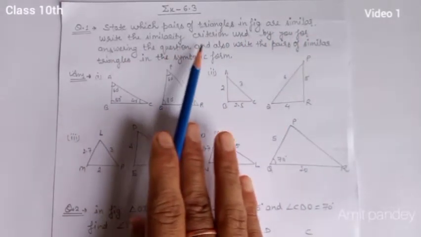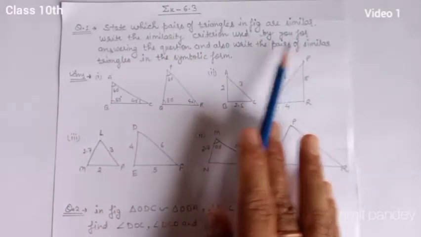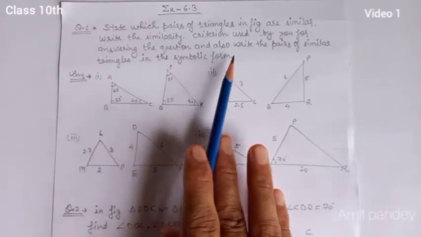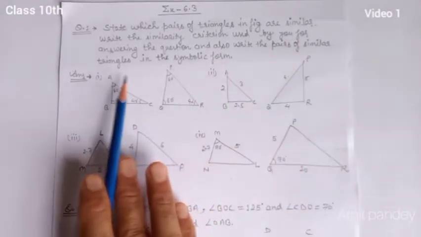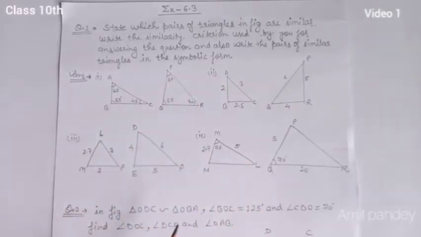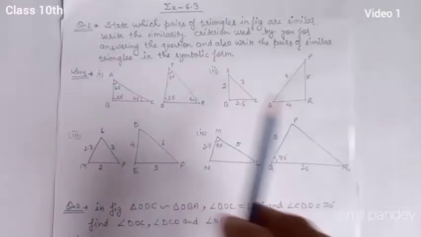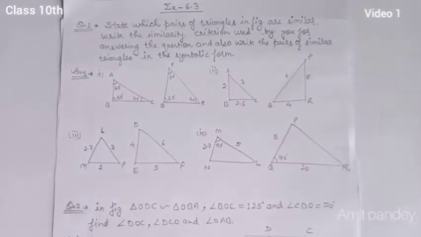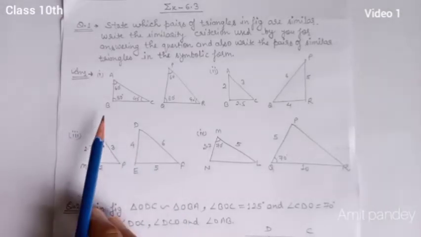Write the similarity criterion used by you for answering the questions, and also write the pair of similar triangles in the symbolic form. Here, four pairs of triangles are given in which we have to find by which criterion these are similar or not. If similar, then we have to write in which criterion. Okay, so let's start from part 1.